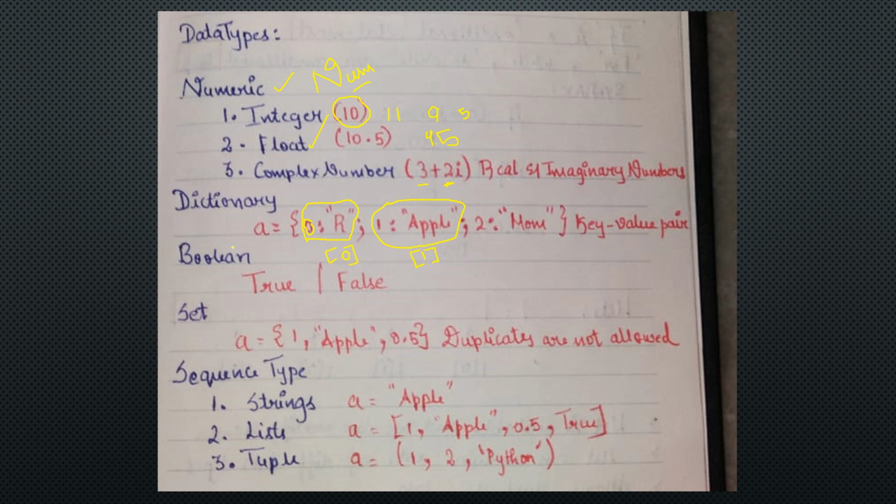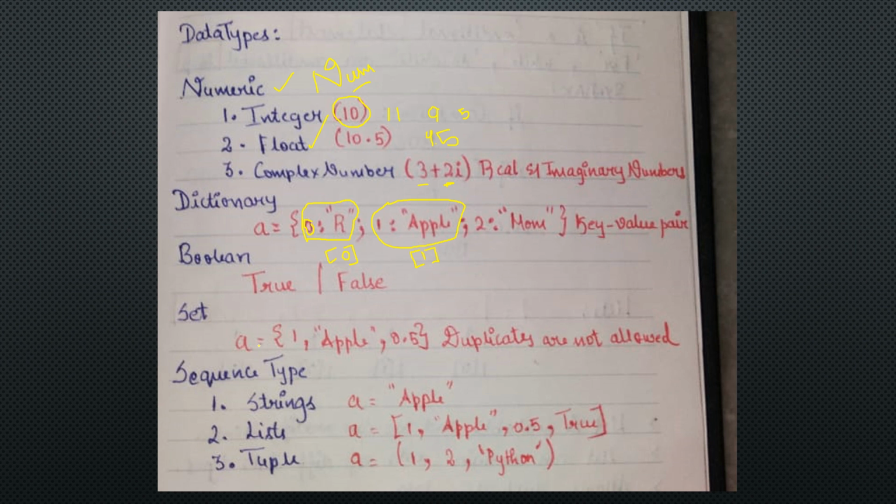So this is what is called a dictionary. Now what is a boolean? If I give a condition, like if x is greater than 5 or if x is lesser than 5, it will always return a boolean data type, which is true or false.